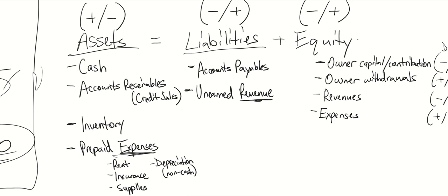We'll say it's for $6,000. Well, initially that $6,000 of cash is going to be recorded as an asset, but the offset to that is going to be a liability called unearned revenue. That's because you have not earned the cash that you received in advance yet. You haven't earned it yet because the person has to use the facility first in order for you to earn that cash that you received in advance.